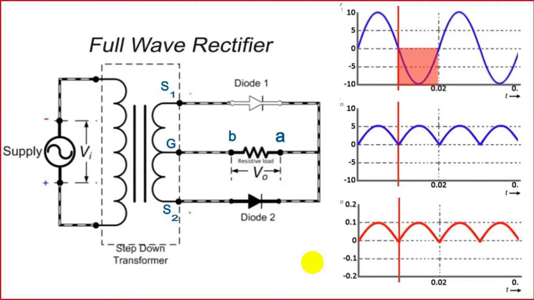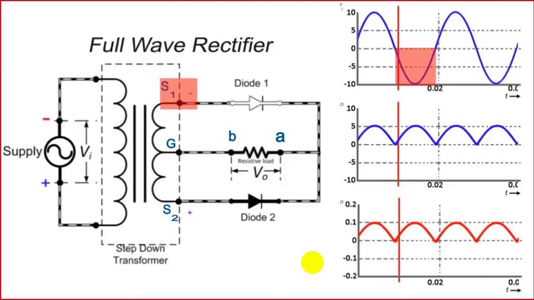Now, when we apply the negative half cycle of the AC input voltage, S1 becomes negative in polarity and S2 becomes positive in polarity. So look at over here. Because S1 is negative, diode 1 is reverse biased, so it cannot conduct. G is the ground or 0 voltage.